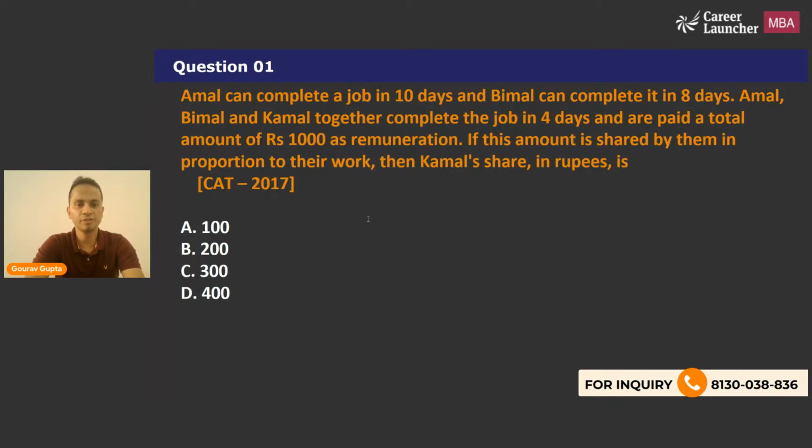All right. Any answer for this one? Now, the question says that Amal can complete a job in 10 days and Vimal can complete it in 8 days. Now, Amal, Vimal, and Kamal together complete the job in 4 days and are paid a total amount of rupees 1000 as remuneration. If this amount is shared by them in the proportion of their work, then Kamal's share in terms of rupees will be equal to how much?